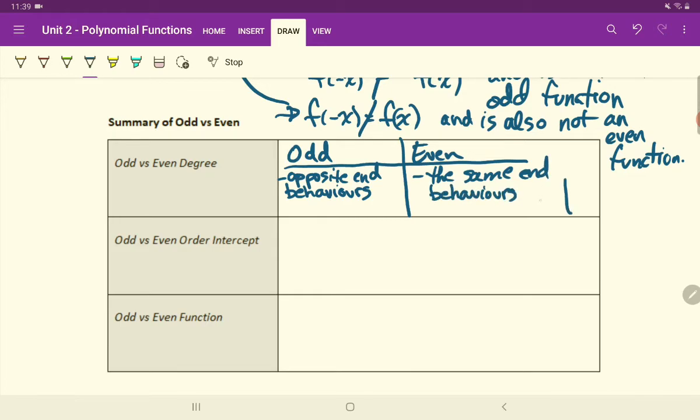So meaning that we would have something like this versus something like that. The arrows are going in opposite directions versus the arrows pointing in the same direction.